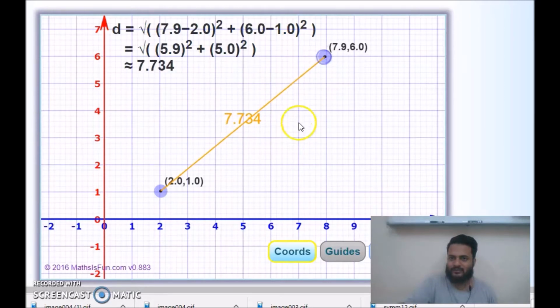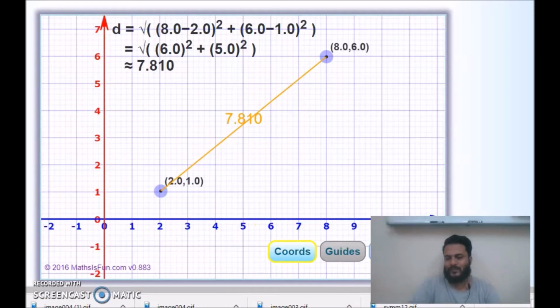Consider this one, (2, 1) and (8, 6). Use the same rule and you will get 7.810. But usually, if you don't have a calculator, it's not necessary to have 7.8 or something else. You can stop with the final square root.